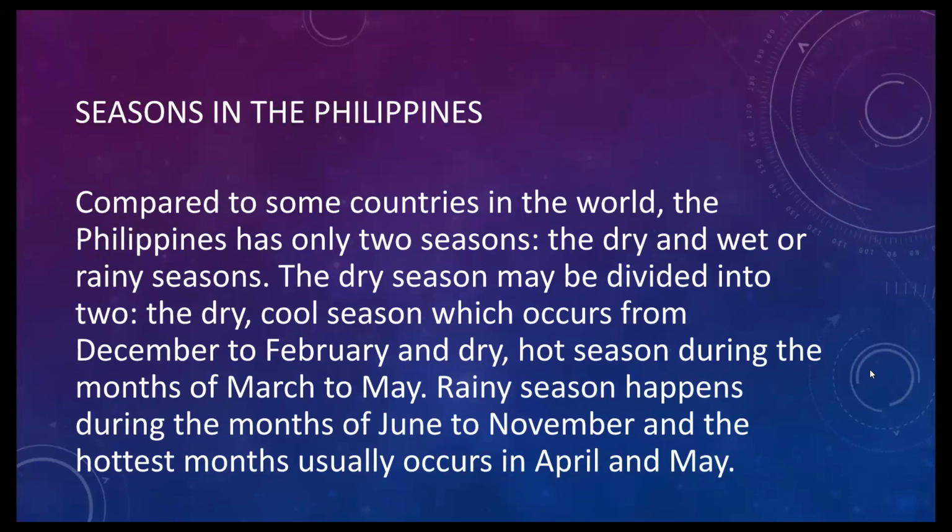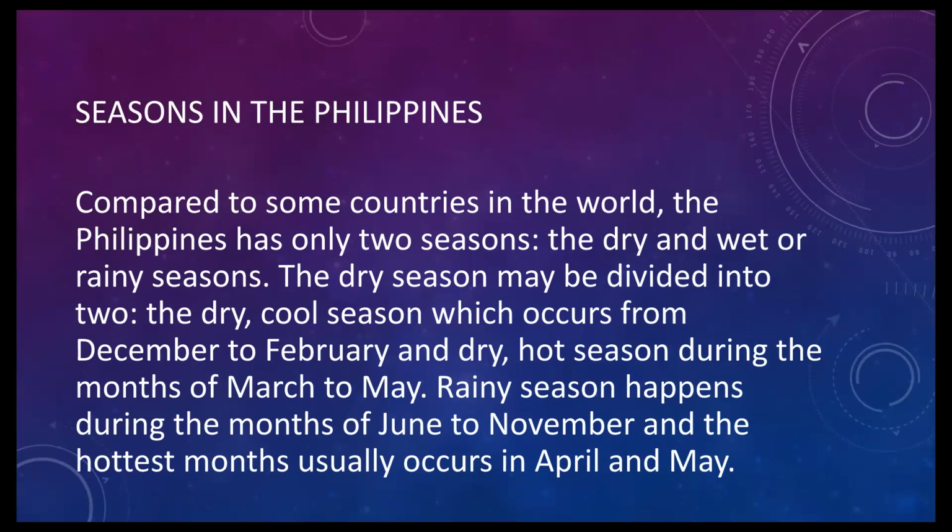Let's tackle now the seasons of the Philippines. Compared to some countries in the world, the Philippines has only two seasons, the dry and the wet or rainy seasons. The dry season may be divided into two.